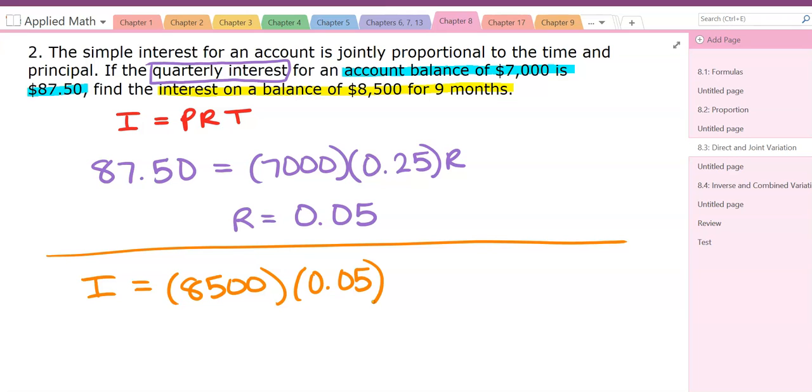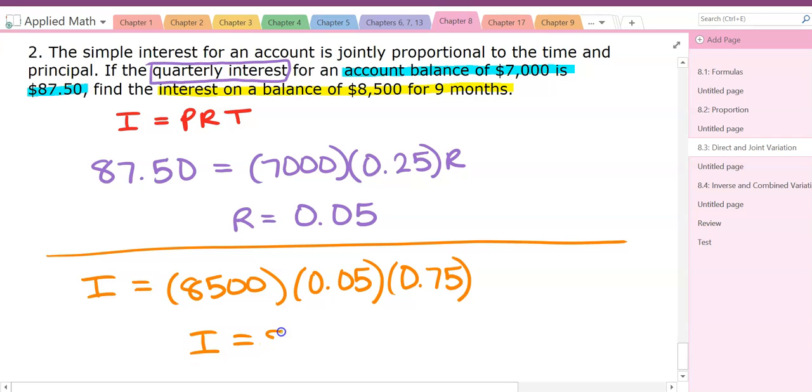So what would be 9 over 12 reduced? 3/4, which would be 0.75. So that's how much of a year we would have. We don't have a full year for this problem. 9 months would be 3/4 of a year. Okay, so can you guys multiply and tell me how much they would make in interest there? Good. $318.75.